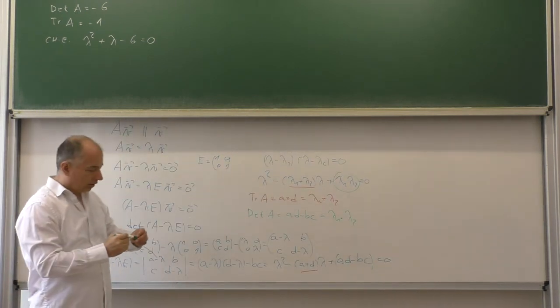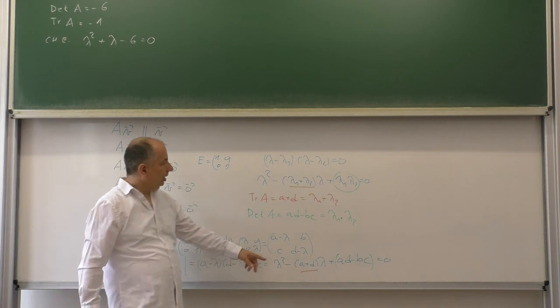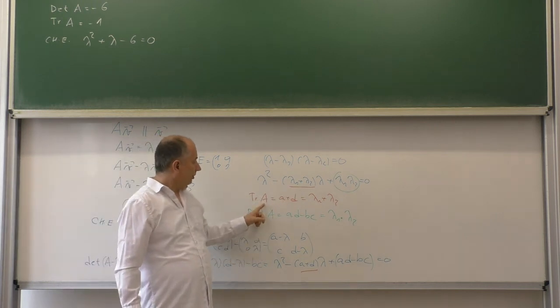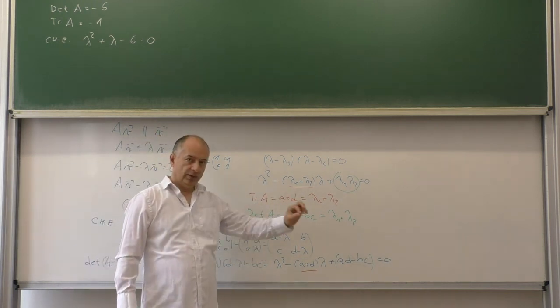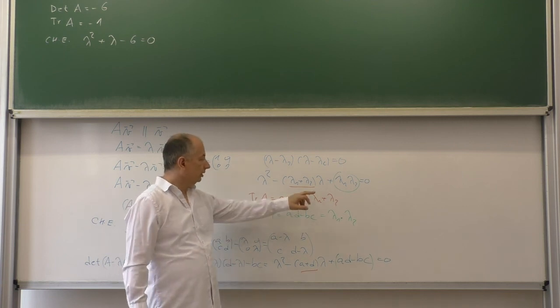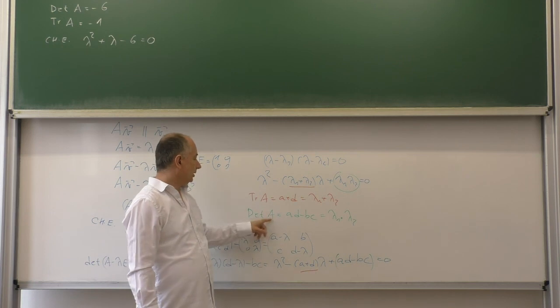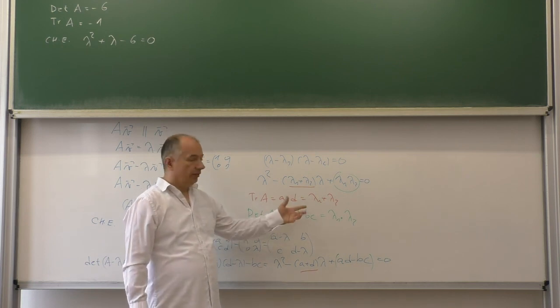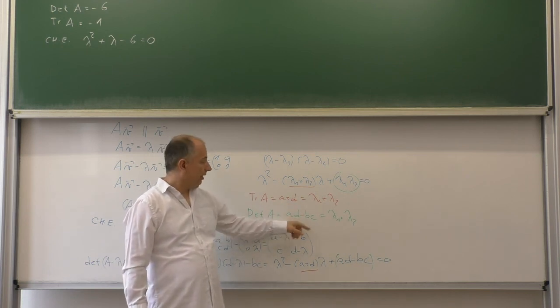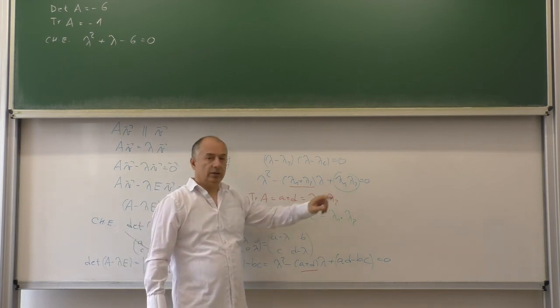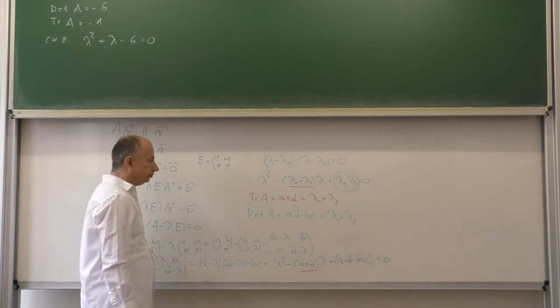So this comparison shows that the trace of the matrix, the sum of the elements on the main diagonal, is equal to the sum of the eigenvalues, and the determinant of the matrix, which is for a 2 by 2 matrix AD minus BC, is equal to the product of the eigenvalues.